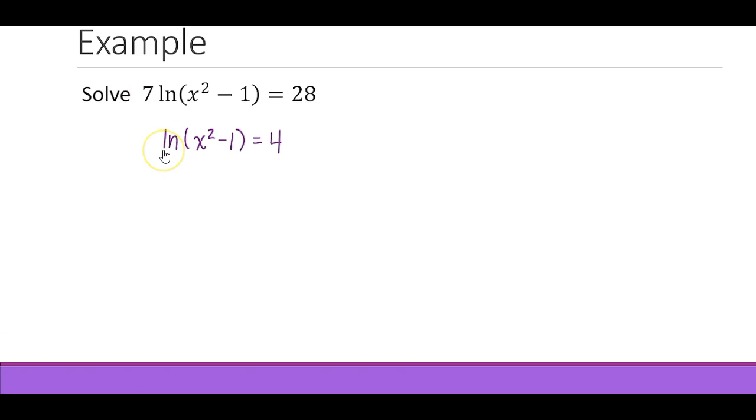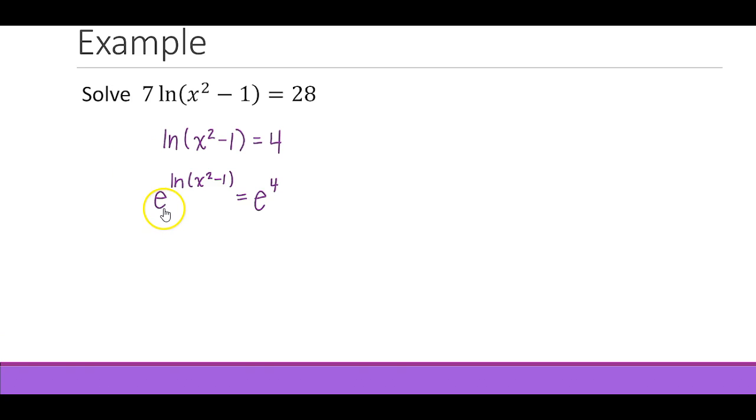And then to get rid of the natural log, I can either rewrite this as an exponential or think about exponentiating both sides. But it's typical for trying to eliminate natural log to think about it as the exponentiating both sides situation. So since the base would need to be e, we're going to take e to the natural log of x squared minus 1 equals e to the 4th.